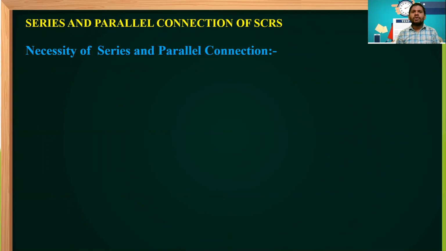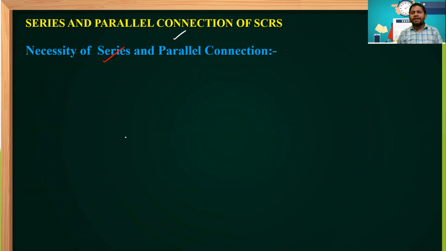That means to meet high voltage demand, series connection is preferable. In parallel connection, voltage remains constant and the current is added, that means current is divided. If you increase the number of parallel branches, current increases, so we can use a parallel connection. That means a series connection is used to meet high voltage demand and a parallel connection is used to meet high current demand.